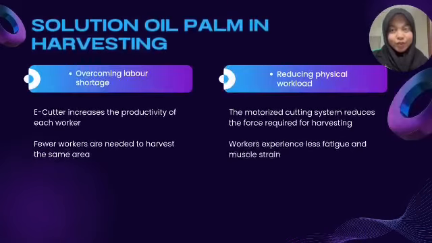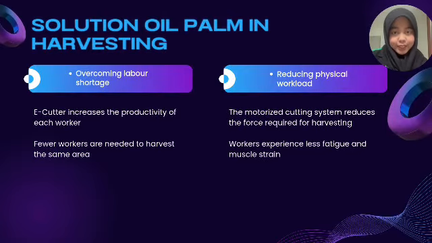Many solutions for oil palm harvesting. The first is overcoming labor shortage. The e-cutter increases the productivity of each worker. Fewer workers are needed to harvest the same area. Second, reducing physical workload. The motorized cutting system reduces the force required for harvesting.